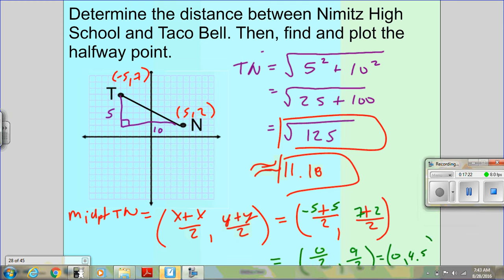But since I have to graph, 4.5 works best. So let's plot it up here. So 0 and then go up 4.5. So 1, 2, 3, 4.5 is about right here. There's your midpoint.